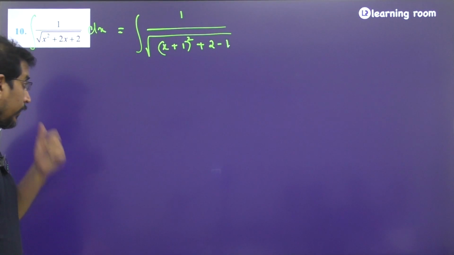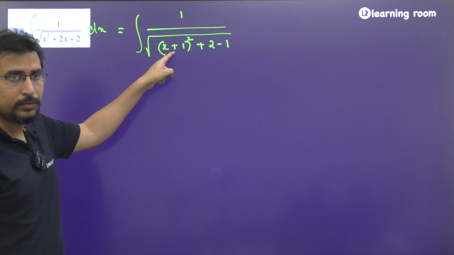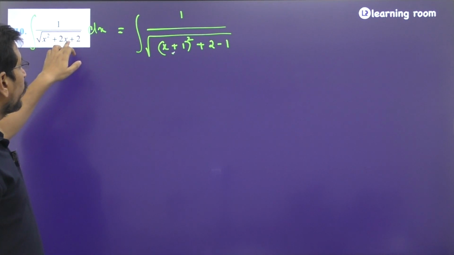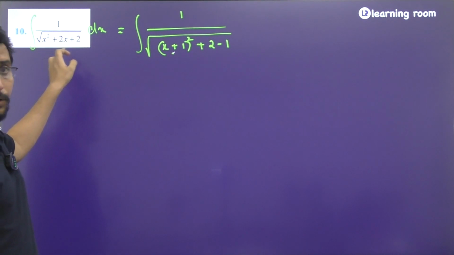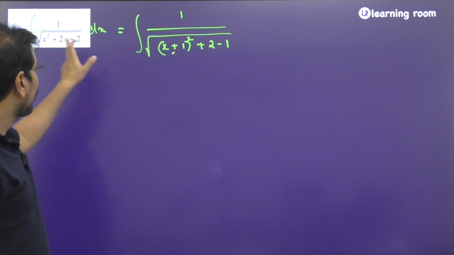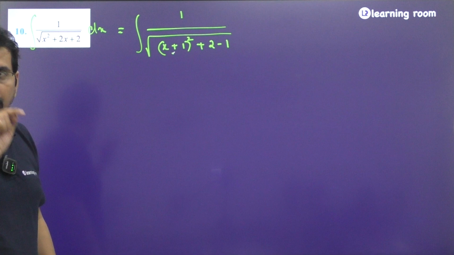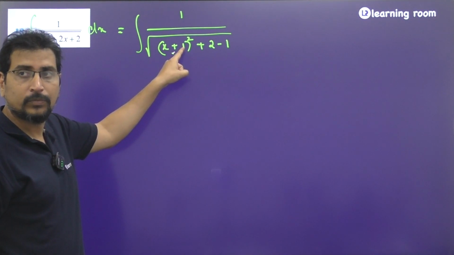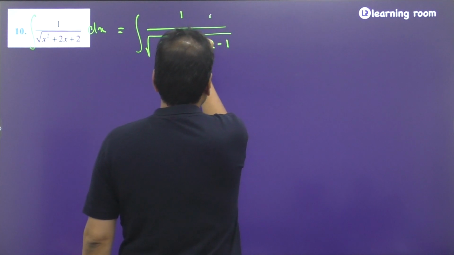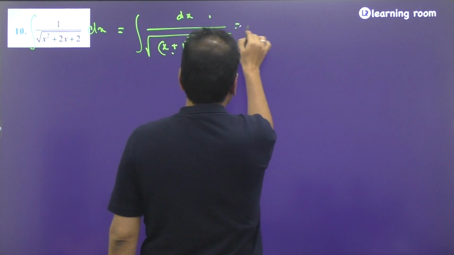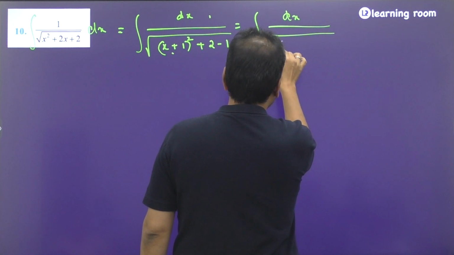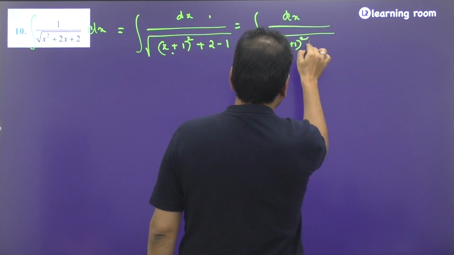I directly wrote it. First you write x. Since the middle term is plus, put a plus. Then write half of the coefficient of x, that is 1, and make it a whole square. Plus, write the constant as it is, subtract the square of this value, that is 1. So this is equal to integral of dx divided by root of x plus 1 the whole square plus 1.